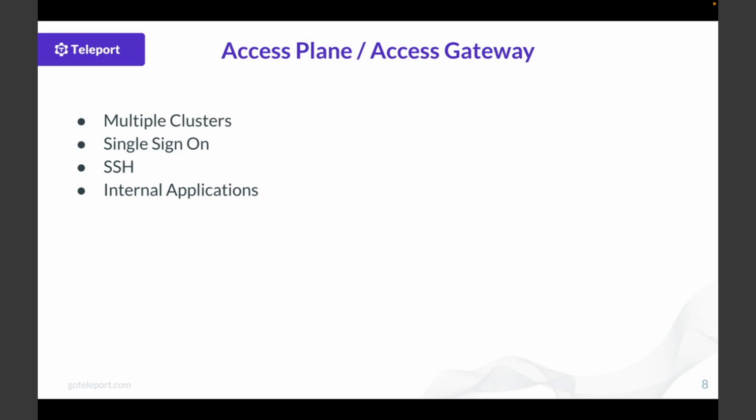But in order to deal with all of those, you really want to centralize the access. So you want to kind of pipe all of your developer access to your clusters through a single gateway so that you can enforce all of your policies on that gateway.